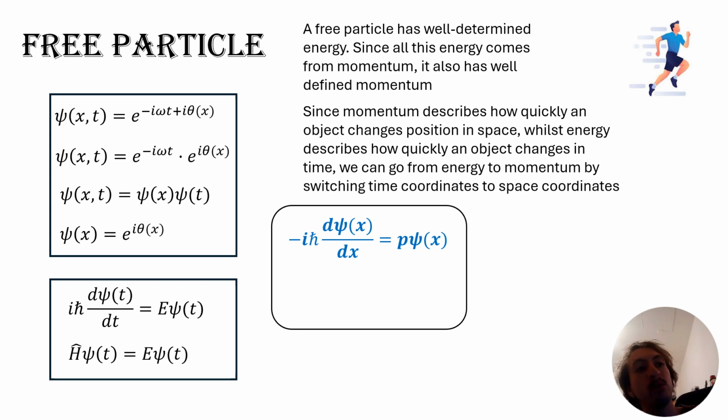we now have an equation that relates psi of x to p. So it relates the wave function of our free particle in terms of physical space to the momentum of that particle, and that's an eigenvalue equation in terms of momentum, which we would expect because a free particle has well-determined momentum.